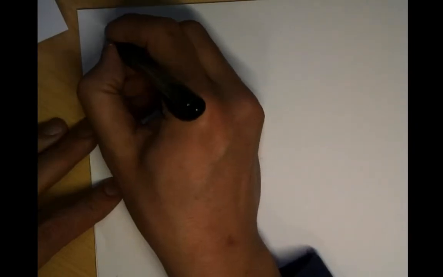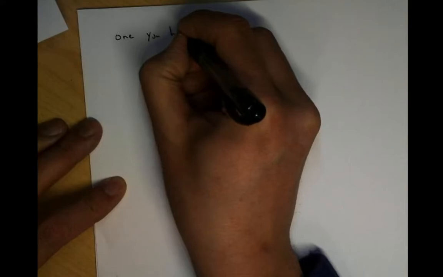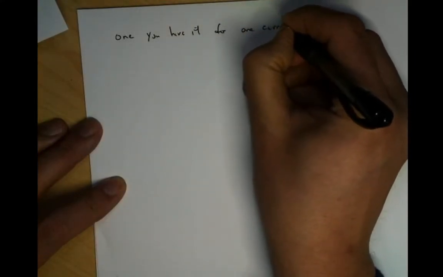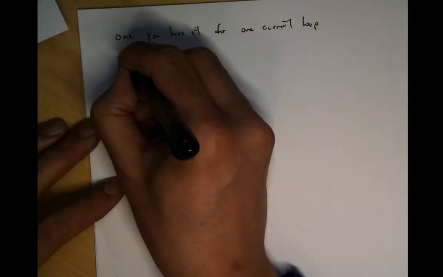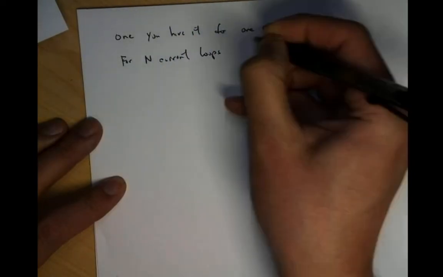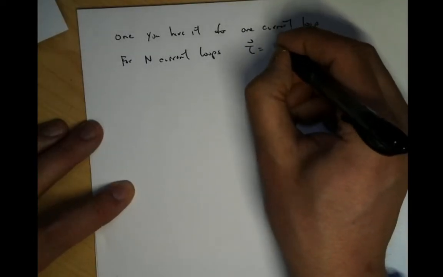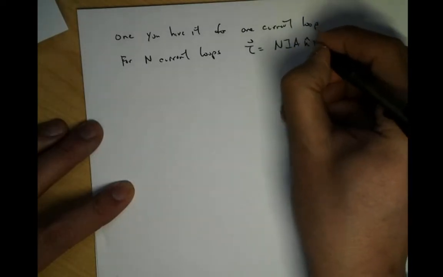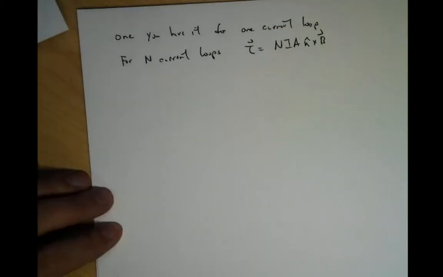Okay, so once you have it for one current loop, for n current loops, well, that's just basically tau is equal to N I A n hat cross B. All right, so this extends very easily.